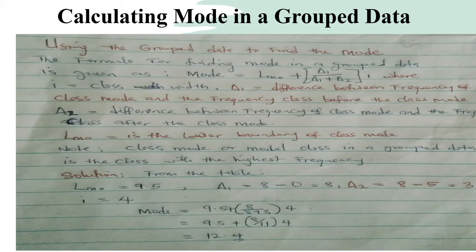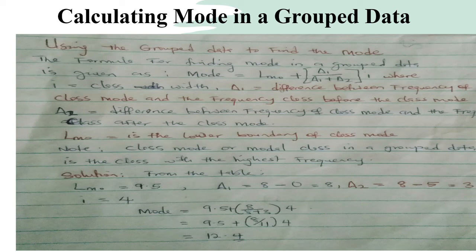LM is the lower boundary of the modal class. Note, the modal class in grouped data is the class with the highest frequency. So in our solution, our LM, that is the lower boundary, is 9.5.